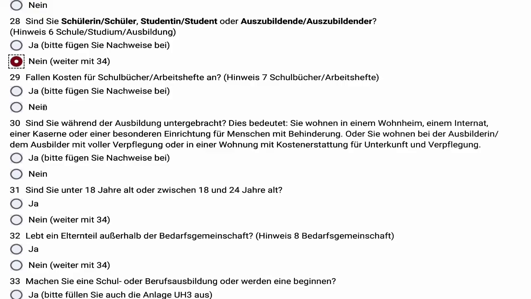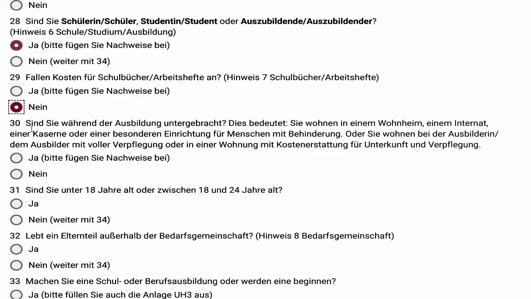If you have marked yeah, you should answer this question, and it is asked, are there costs for school books or workbooks? If it is so, you mark yeah and send a copy of the proof about it to them. If it is not the case, you mark 9.